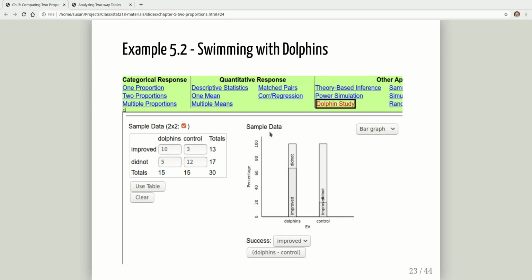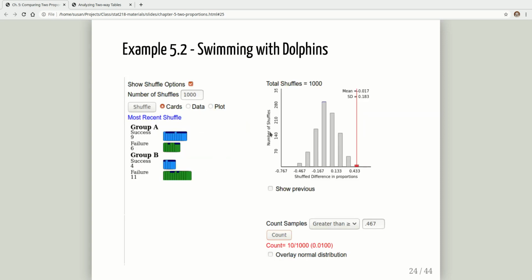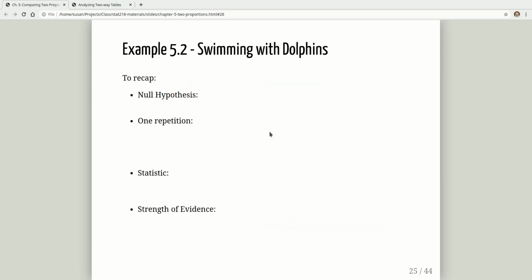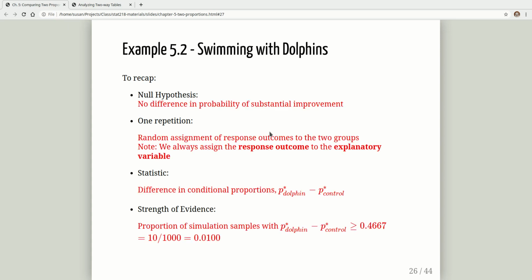Alright. So these are just screenshots to walk you through doing that. So, just as in Chapter 3, we go through our 3 S's. We look at the simulation.